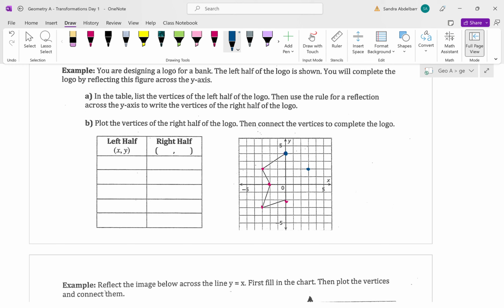And then I'm going on to the next one. So I'm 2 to the left, on the same height, and now I'm going 2 to the right. And there's one more point. We are here on the y-axis, which maps right back on the y-axis. And then we have 1, 2, 3 units to the left, so we're going 1, 2, 3 units to the right.